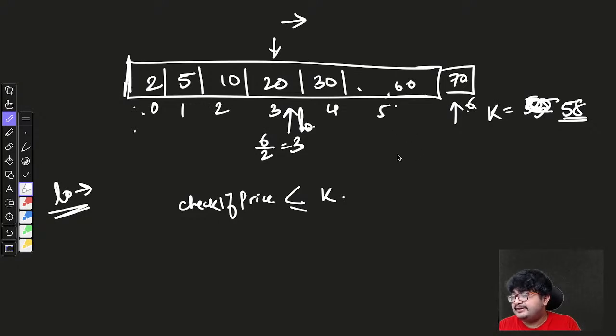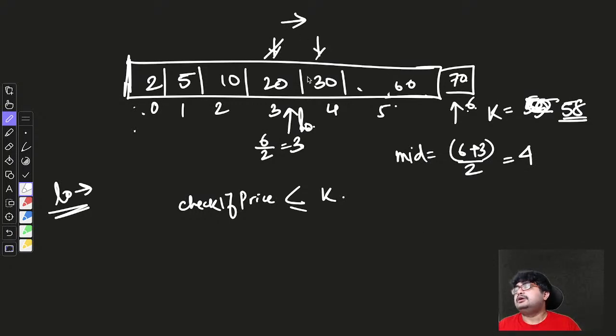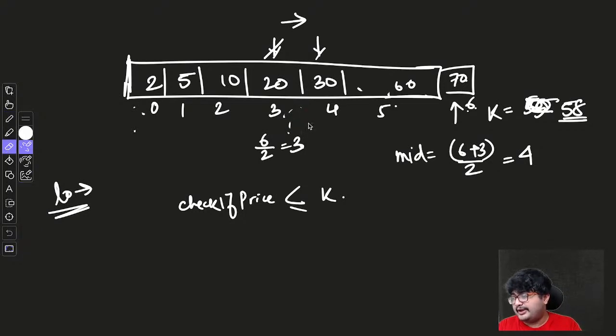Now what is the mid? Mid equals 6 plus 3 by 2, 9 by 2, that is 4. This is mid. 30. Is 30 less than or equal to 58? Yes. So again, it lies on the right hand side, so our low pointer will move again.